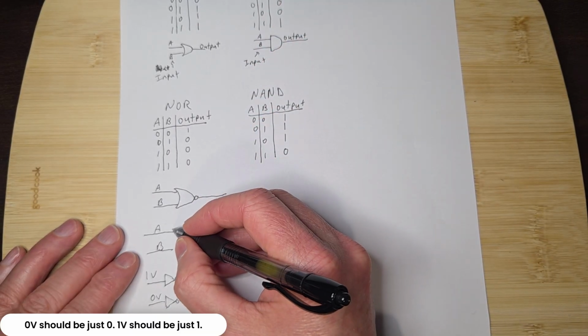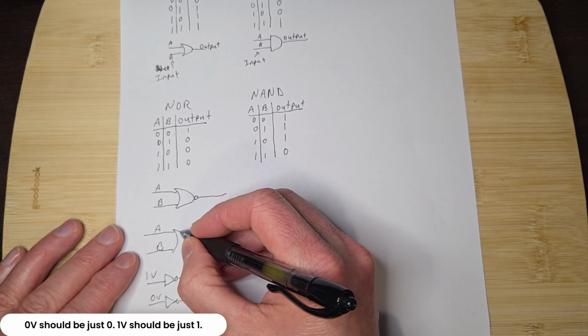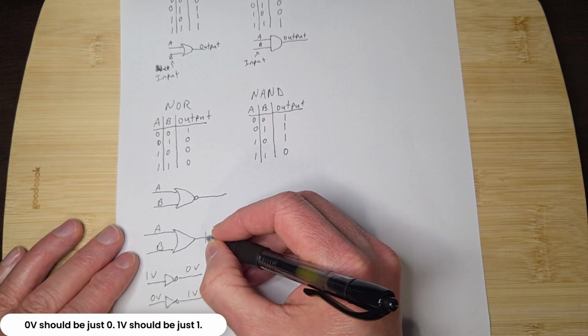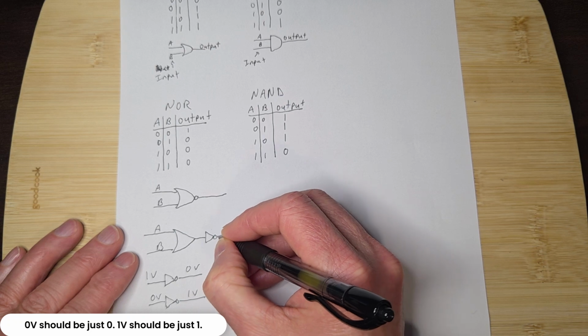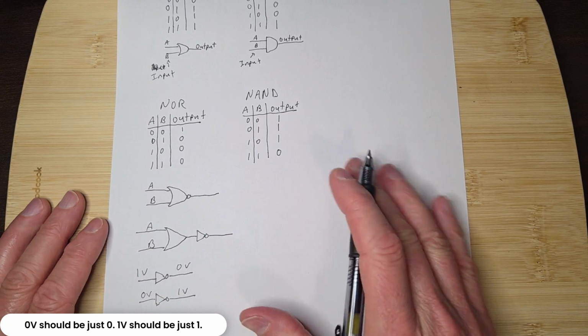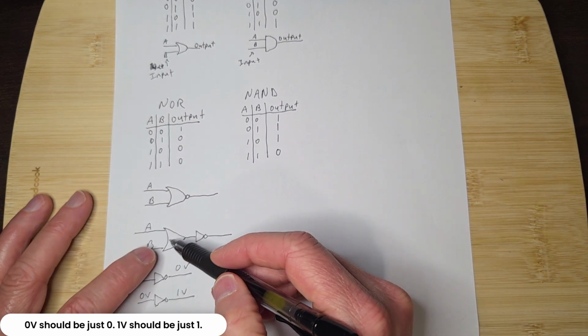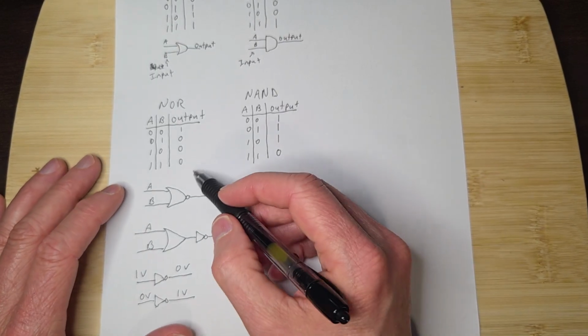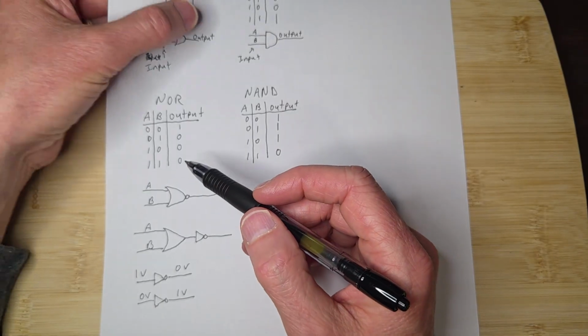So what's happening is it really looks like this. This is an OR gate, and then it comes out and you have your inverter, right? I kind of drew it like a Star Trek symbol or something.